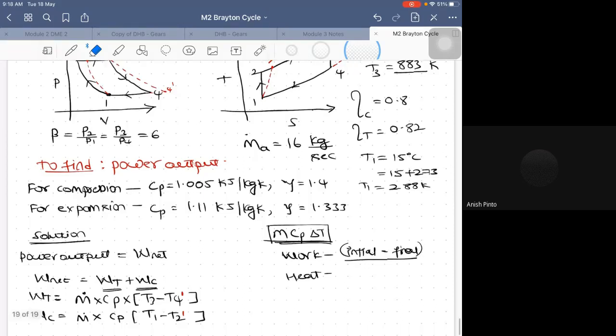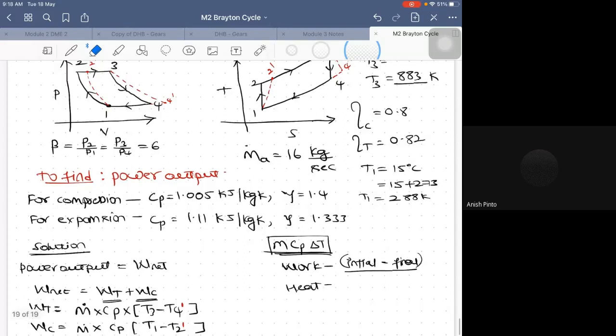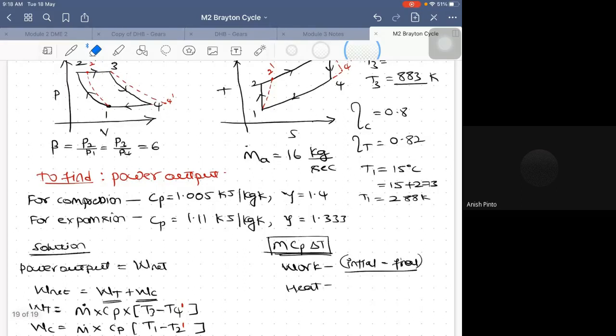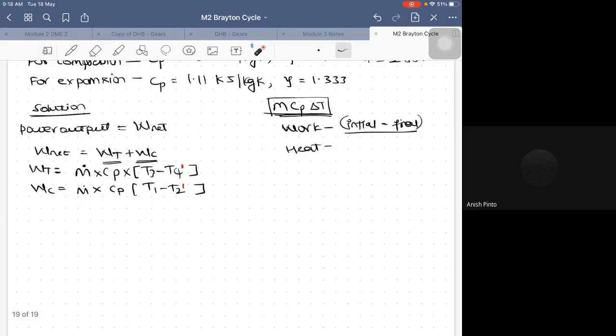Now let us check what parameters we have and what parameters we need to calculate. Do I have the value of m dot? Now let us start to calculate the value of Wt. For Wt, do I have the value of m dot given in the problem?